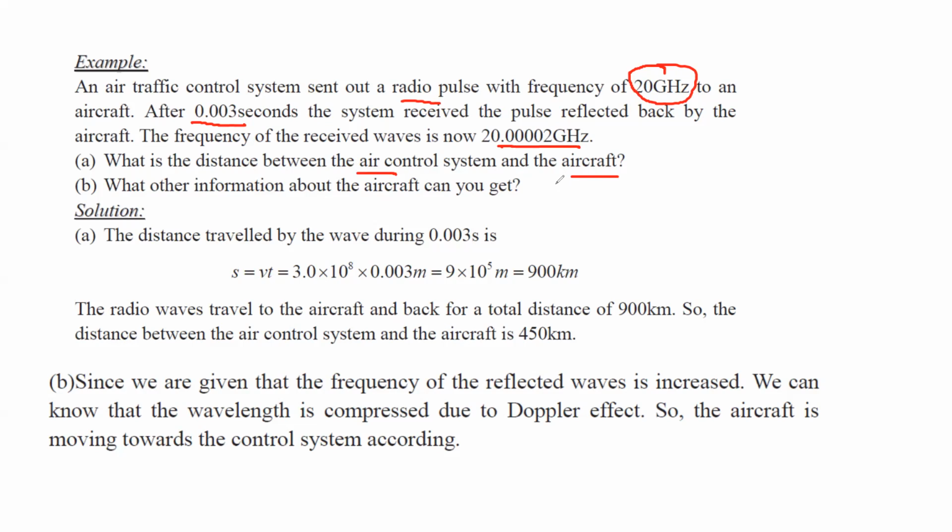How can we identify the distance here? The air traffic control system sent out a radio pulse, and after 0.03 seconds the pulse was reflected or bounced back. So the pulse is sent and then received back. This is the radar, and here this is an aircraft.